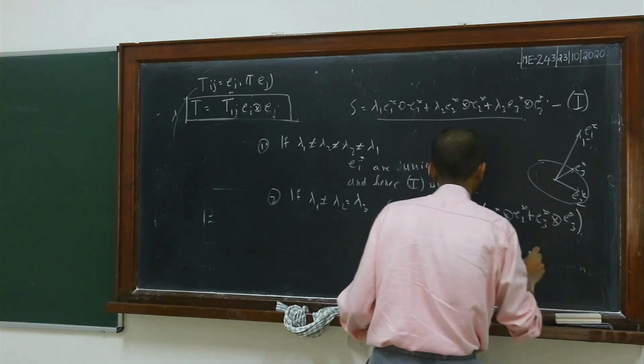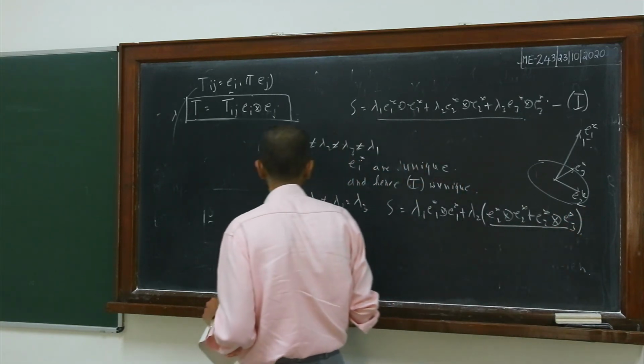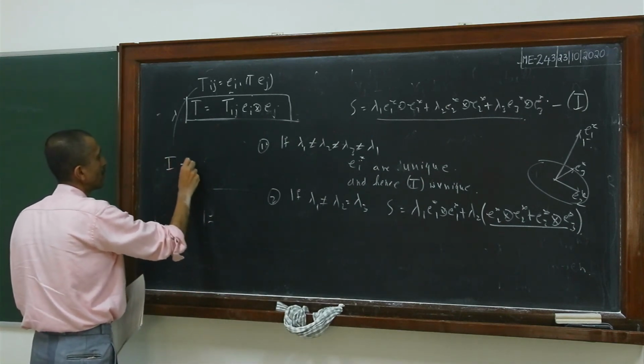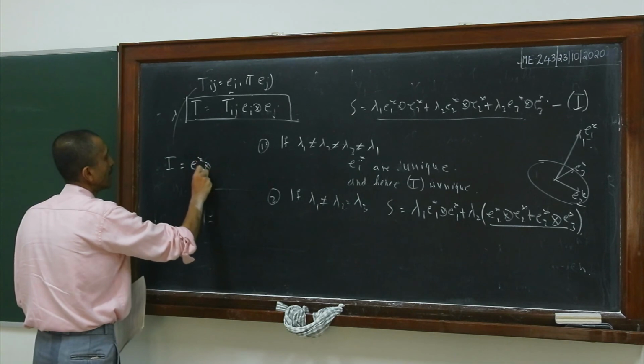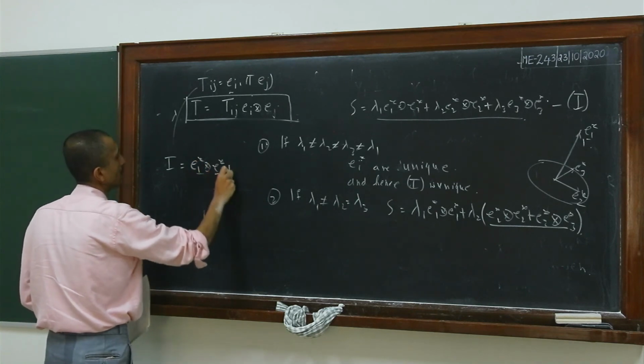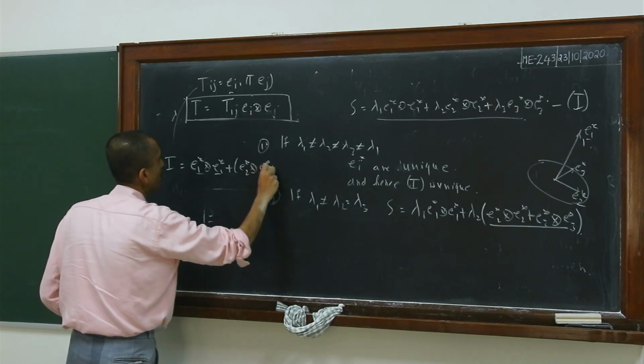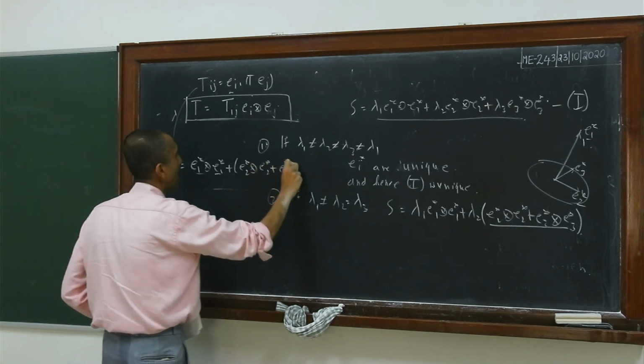Now I can replace this part with the identity tensor, since identity is E1 star dyadic E1 star plus E2 star dyadic E2 star plus E3 star dyadic E3 star.